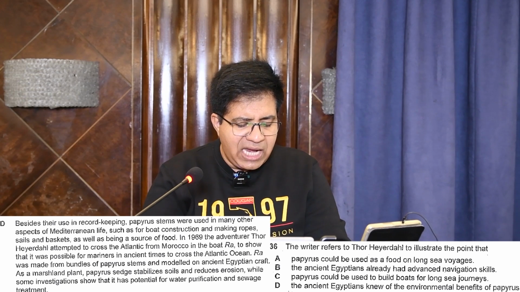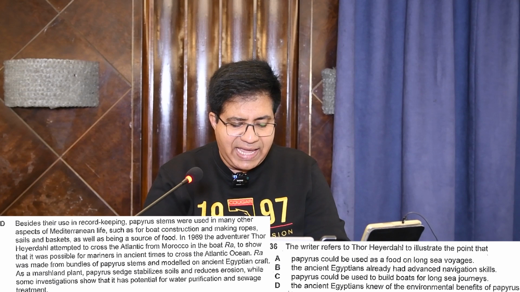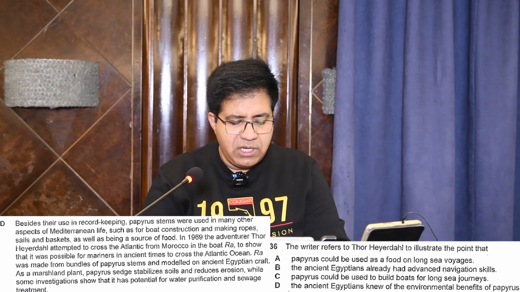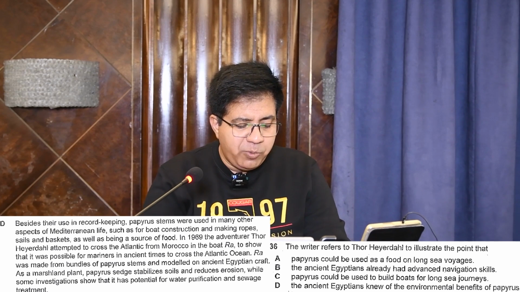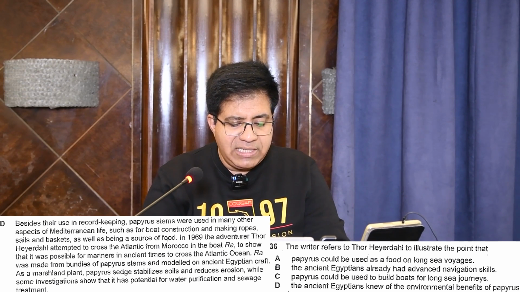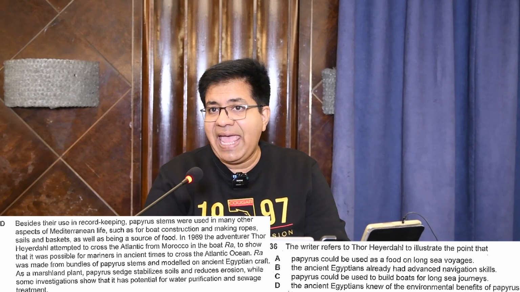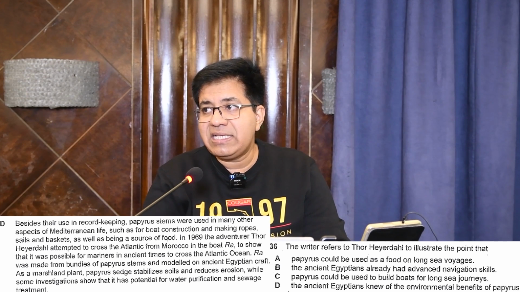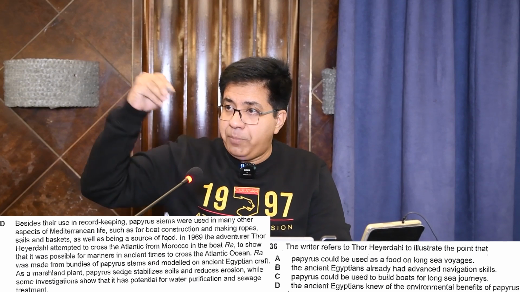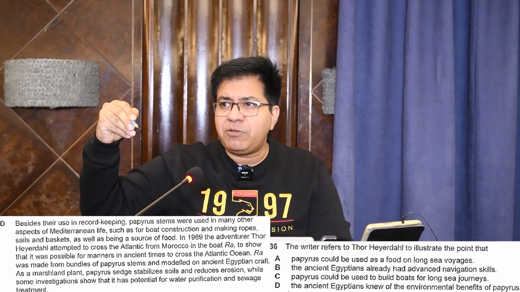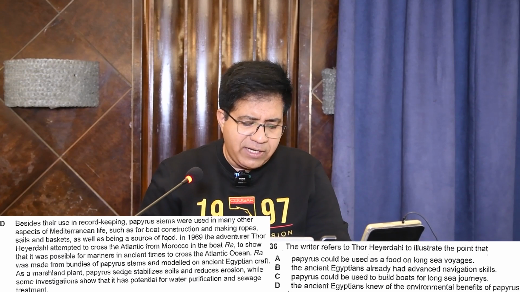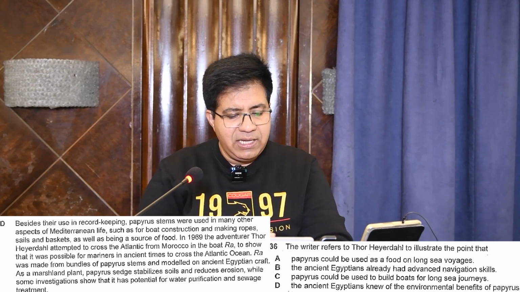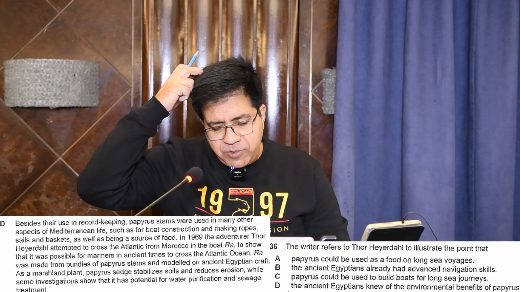Ra was made from bundles of papyrus stems and modeled on ancient Egyptian craft. Now what was Ra? Ra was a boat, made from bundles of papyrus stems. And what is papyrus? It is a plant. So he used the boat made from papyrus. It means it could be a small boat made from the stem of papyrus and all that. Now keep this in mind and we go back and see which option is the right one.